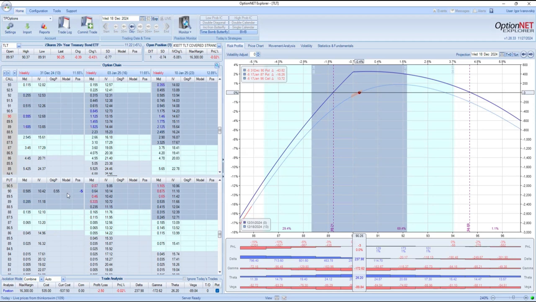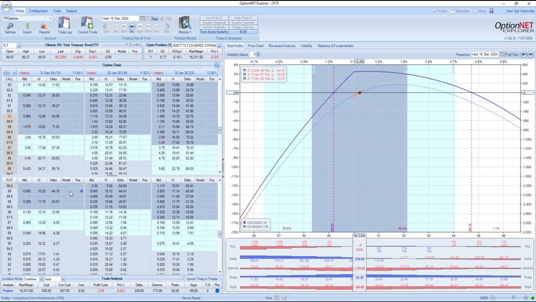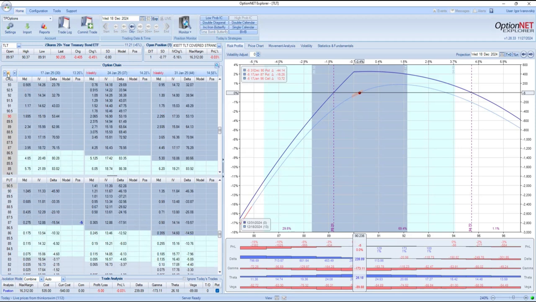So if I get assigned on this 90 put, my cost basis is going to be $89.45. Right? So from there, I will own the shares at around 90. And I also have a strangle that I sold.